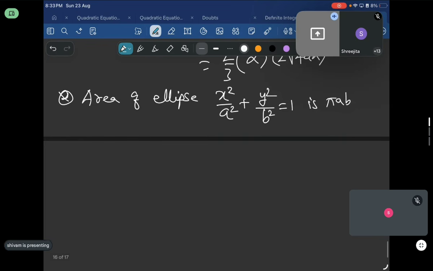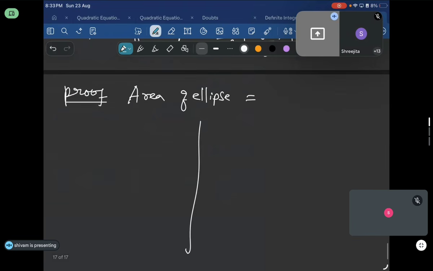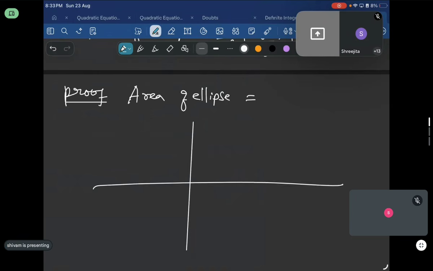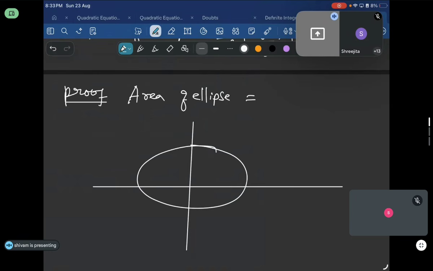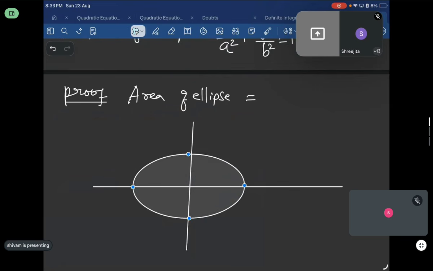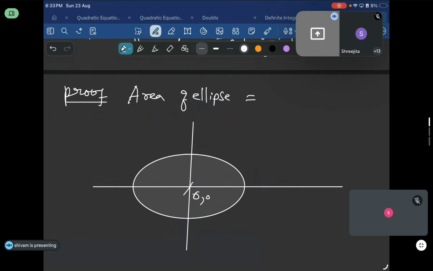In order to prove it, what do you do? I had proved it in the chapter on ellipse. Do you remember? This is an ellipse. We have to integrate from where to where? This is the origin, and I just find this area and multiply by 4.